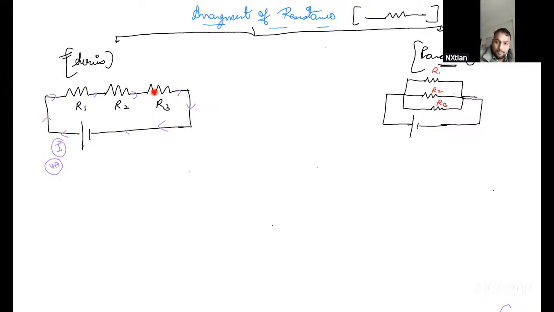Did you understand? No, you didn't understand. I'm repeating again, Jahan, please stop writing. First listen now. The current which is going through R1, the same current will go through R2 and the same current will go through R3. Now in the parallel case, will R1, R2, R3 get the same current? No. Why? Because there are different pathways created in this case.